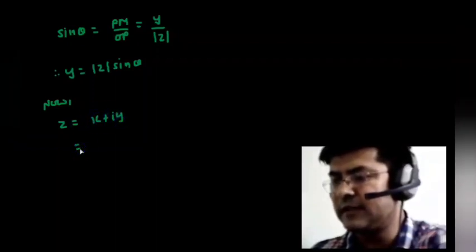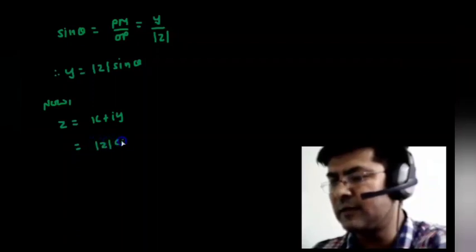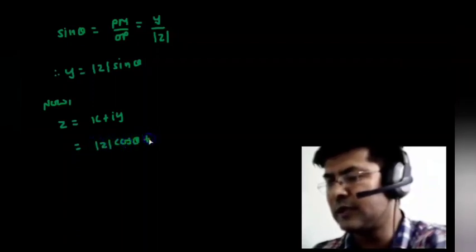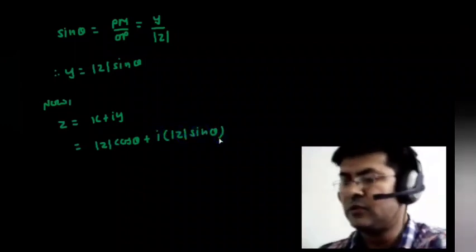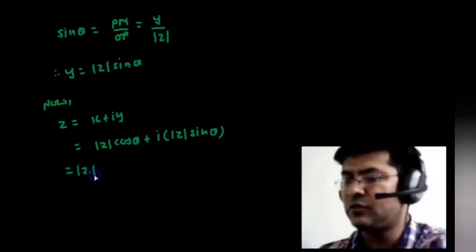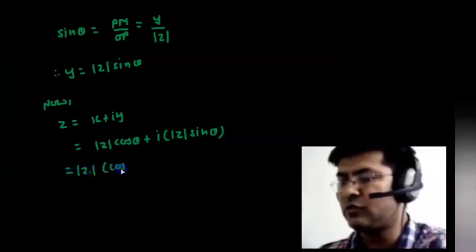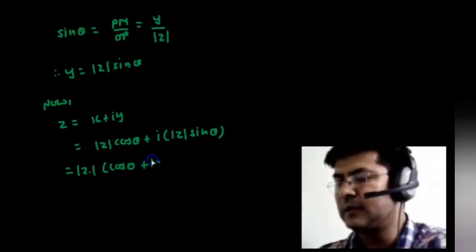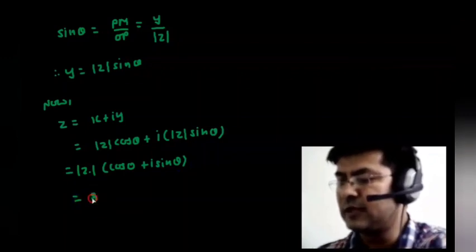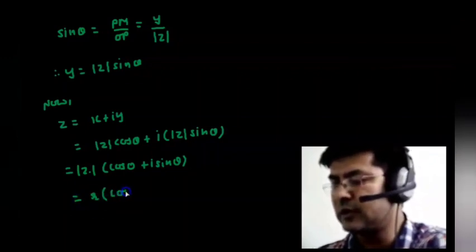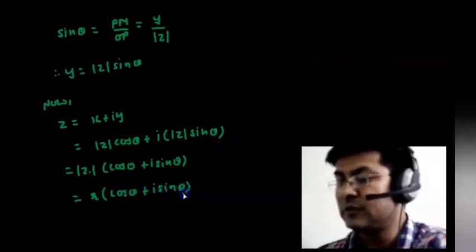So now the complex number z is equal to x plus iy. Value of x is modulus of z into cos theta plus i times value of y, which is modulus of z into sin theta. If you take modulus of z common, we have cos theta plus i sin theta. For modulus of z, we will write r, so r into cos theta plus i sin theta.